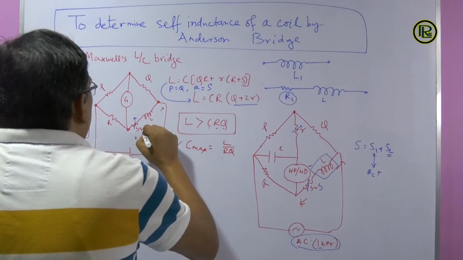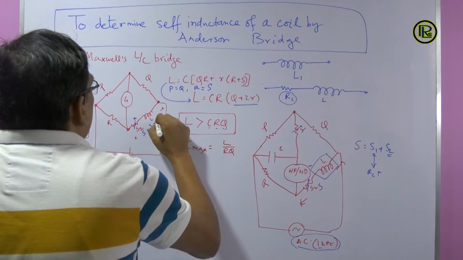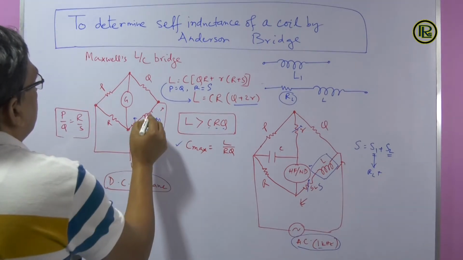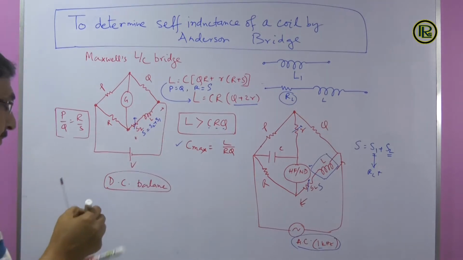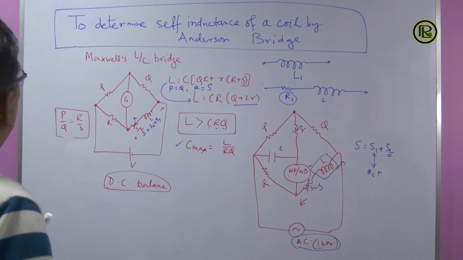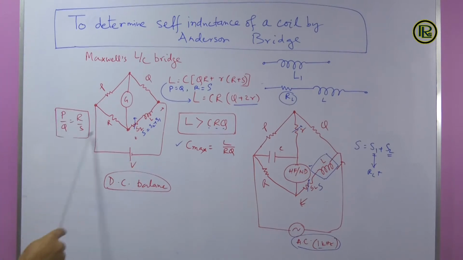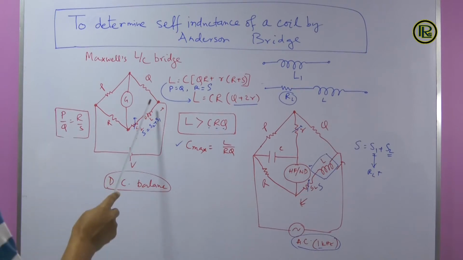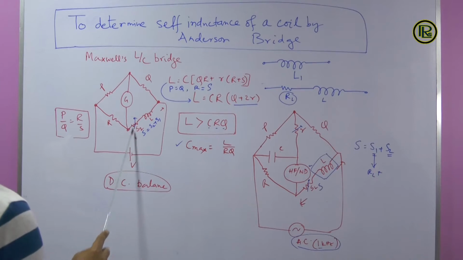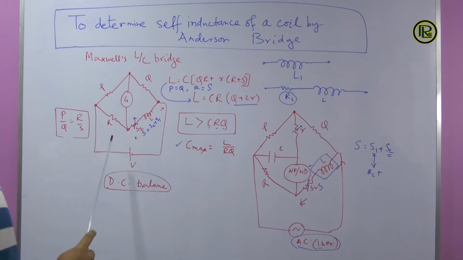So this S is equal to S2 plus S1, where S1 is the resistance of the coil. First we have to get this balance, and while we balance here, we vary S2.